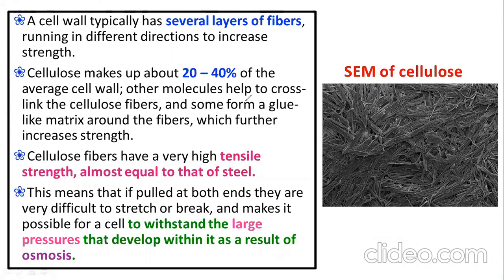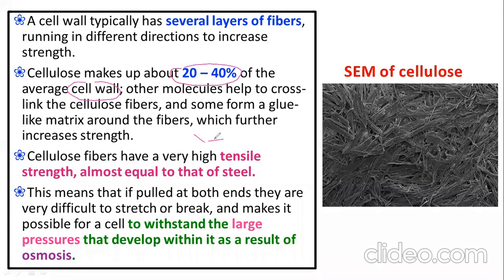Other molecules help to cross-link the cellulose fibers and some form what? A glue-like matrix around the fibers, which further increases the strength. Cellulose makes up our cell wall how much? 80%, right? It's 40%. Other molecules are also involved in the cross-linking.